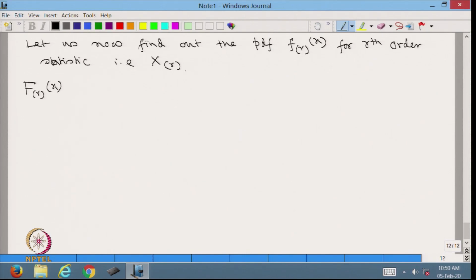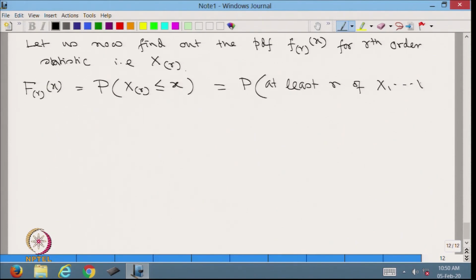Fr(x) is equal to probability Xr less than or equal to x, which is equal to probability at least r of X1, X2, ..., Xn are less than or equal to x.